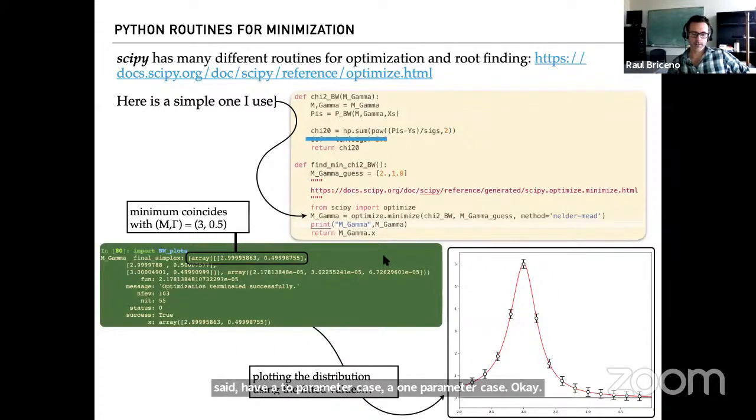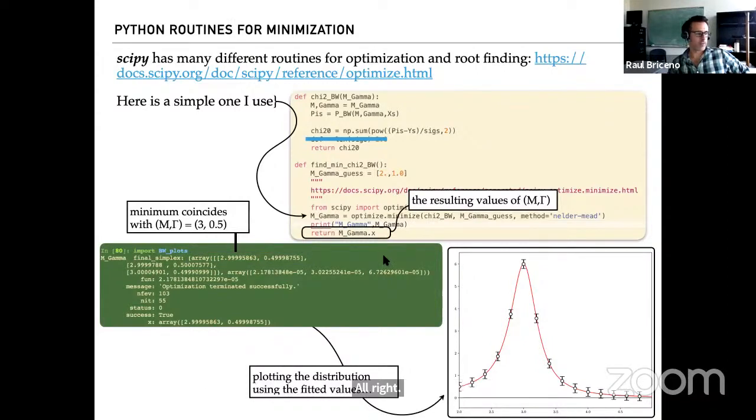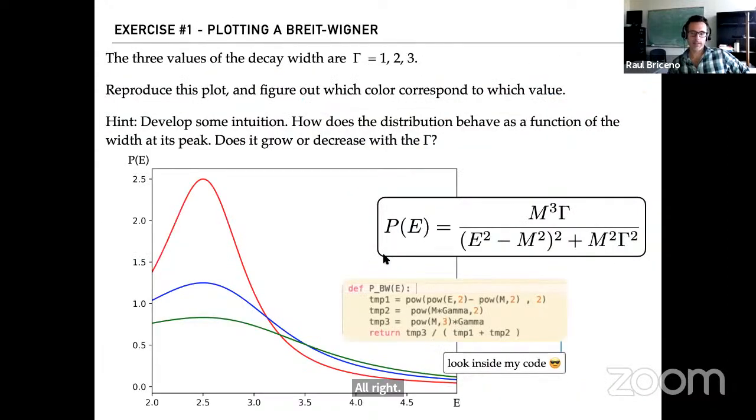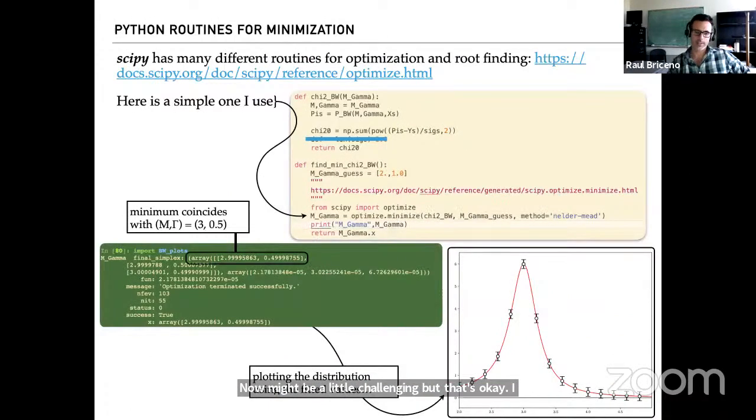That might be a little challenging, but that's okay. Just think about what you have to do to change this code to allow for just one variable, which basically means you're going to have one constant, so instead of having a list like this, you're just going to have a single element.